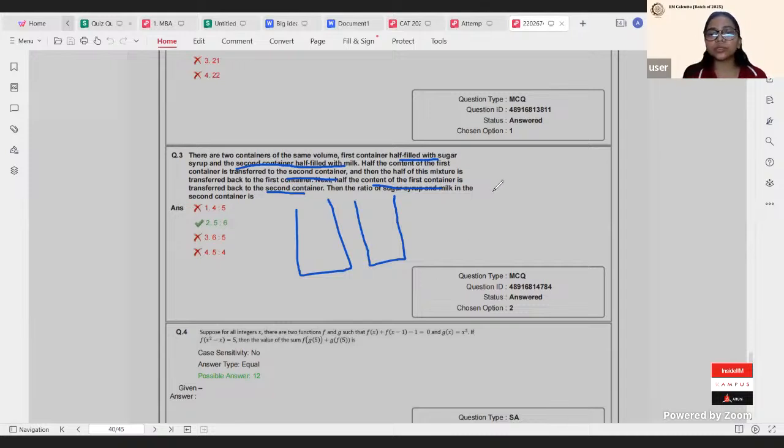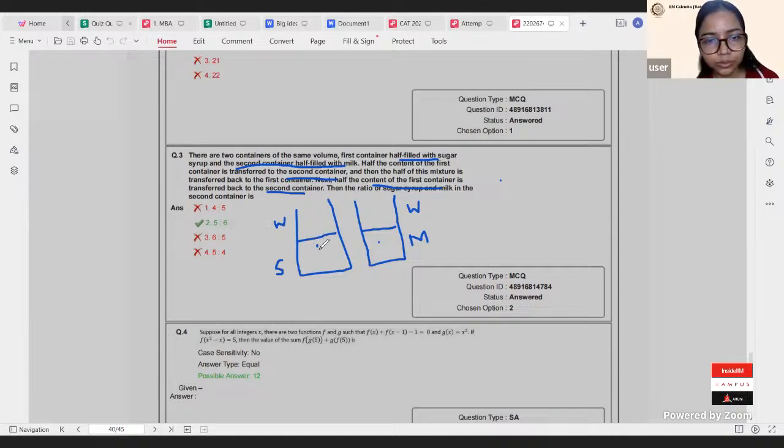So what we can assume is that we can assume the volume to be somewhere around half cubed, because ultimately we'll have to multiply half 3 times. So we'll basically consider the volume to be a multiple of 8. So if we consider this is water, this will be sugar syrup, this will be milk, this will be water.